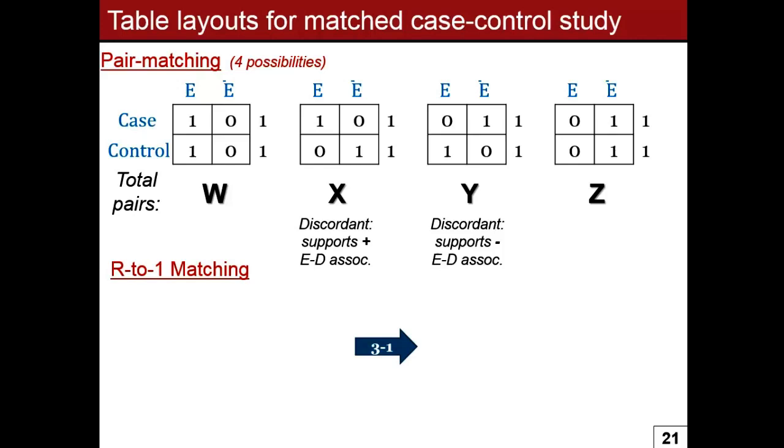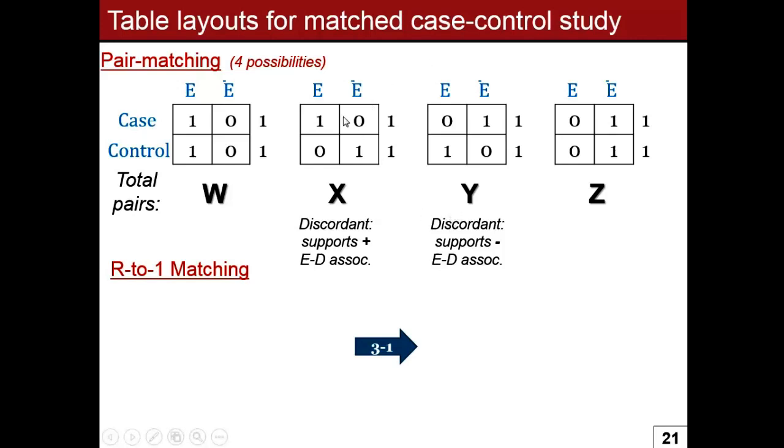But what gets interesting are the X and the Y configurations. In X, the case is exposed and the control is not, which would tell us there's some evidence that the cases tend to be more exposed than the controls. The opposite direction is the Y situation, where the case is unexposed and the control is exposed. And remember, the McNemar statistic, and the odds ratio based on it, looks at the balance of the X's to the Y's.